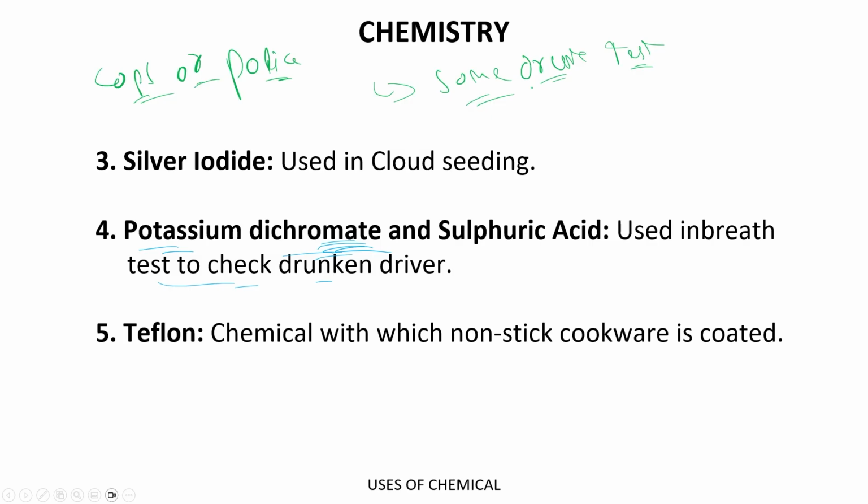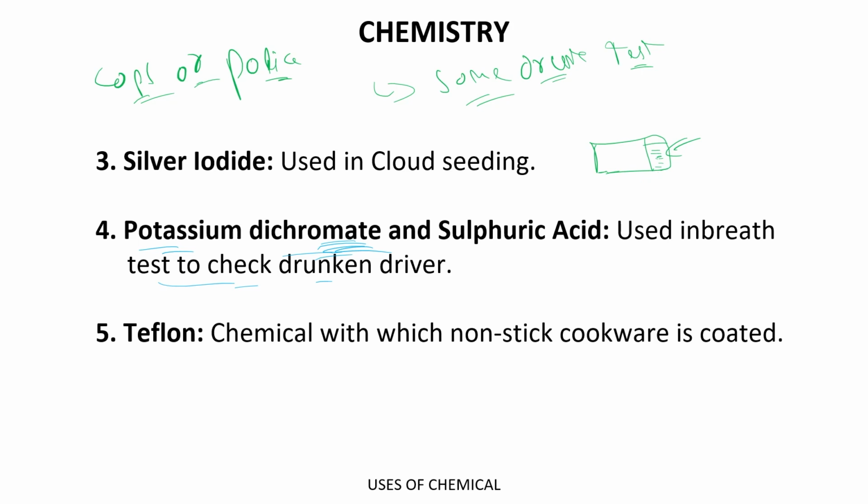Generally, the police stop you and give you a box-like structure and ask you to breathe in it. When you breathe, they take some test and show the values to you.